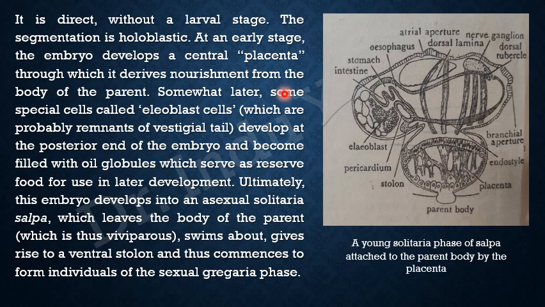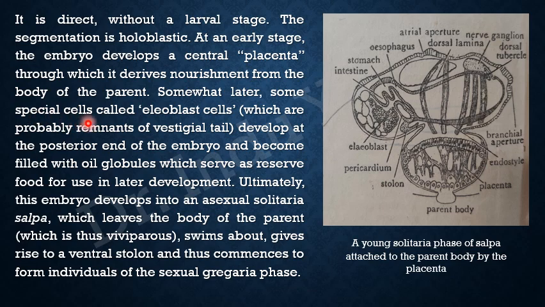So the division takes place in the whole of the egg, as compared to Pyrosoma, where it was only in the blastodisc due to presence of a large amount of yolk. At an early stage, the embryo develops a central placenta through which it derives nourishment from the body of the parent.